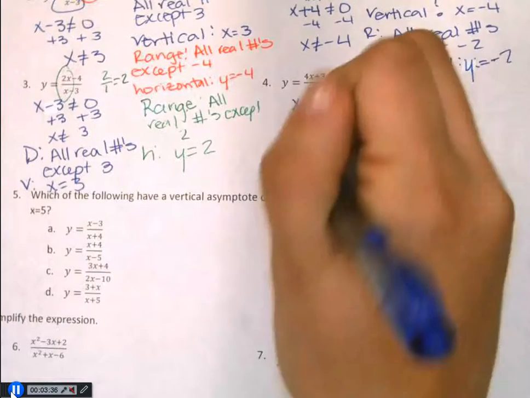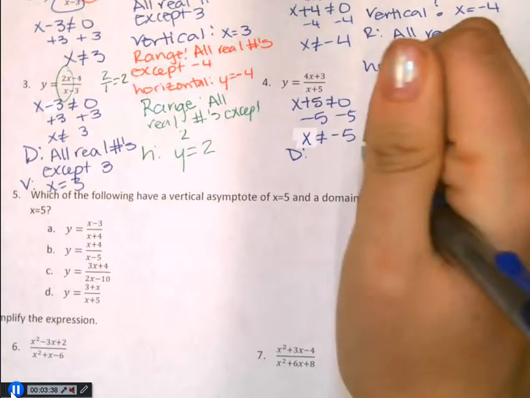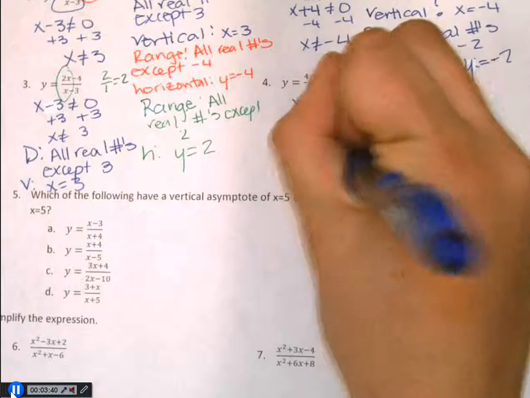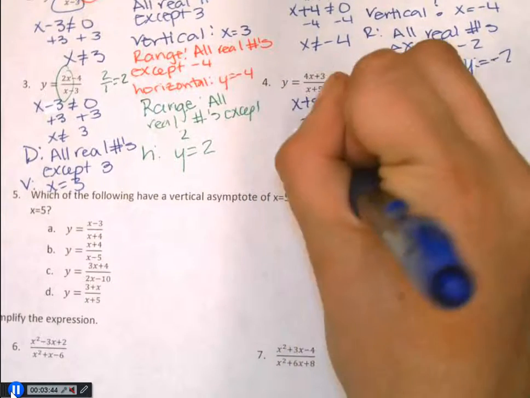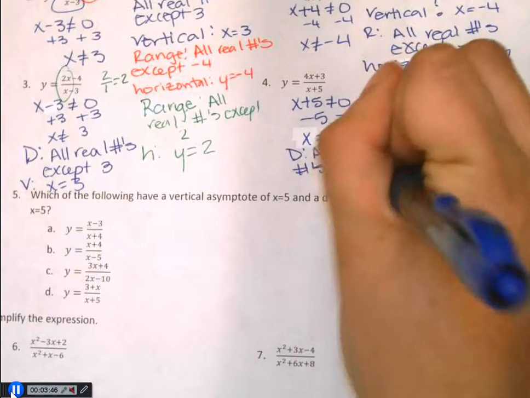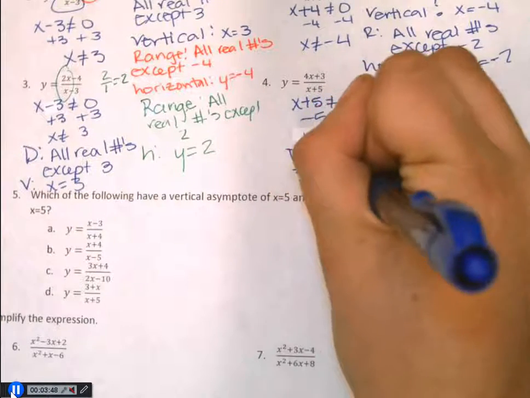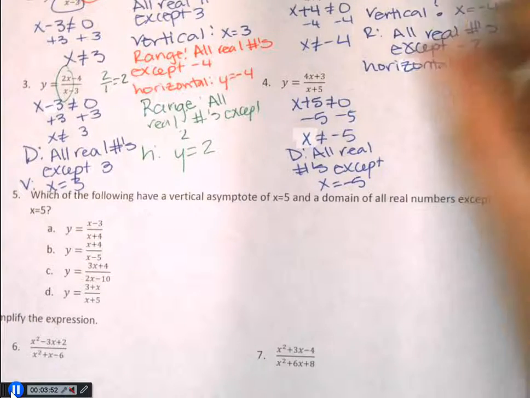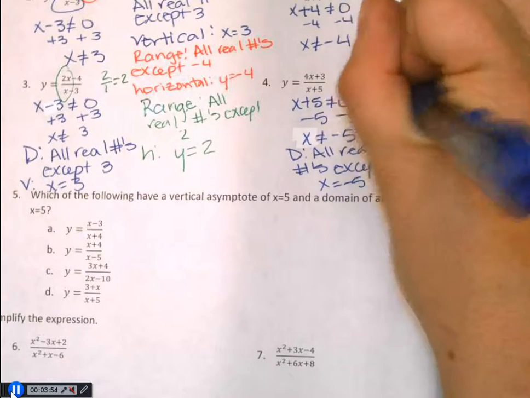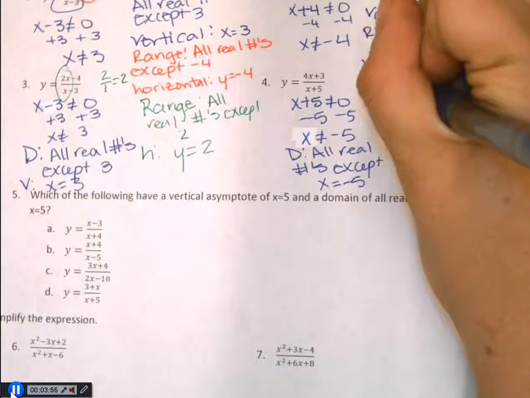Then my domain is all real numbers except for -5. Then I want to do my vertical asymptote, which is x equals -5.